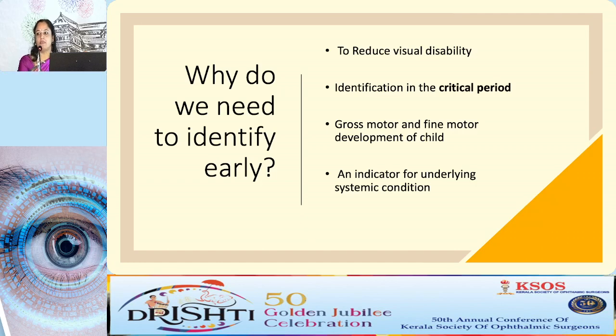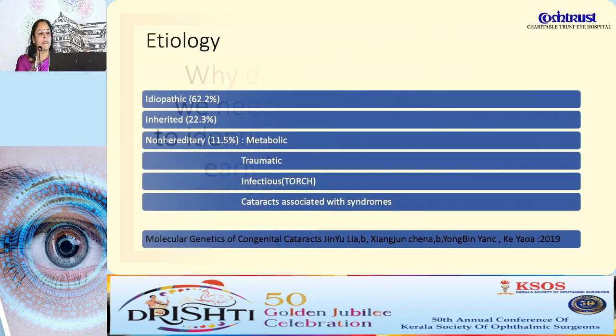And detection of the cataract at the earliest not only helps in giving good vision to the child, but also helps in gross motor and fine motor development in the child. And definitely it is an indicator for underlying systemic conditions which can be identified earlier on and treated at the earliest for the child.